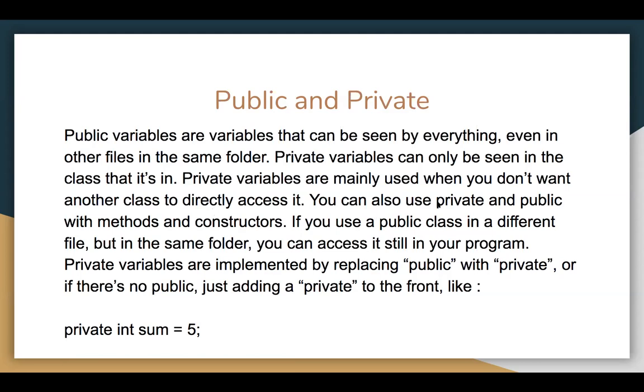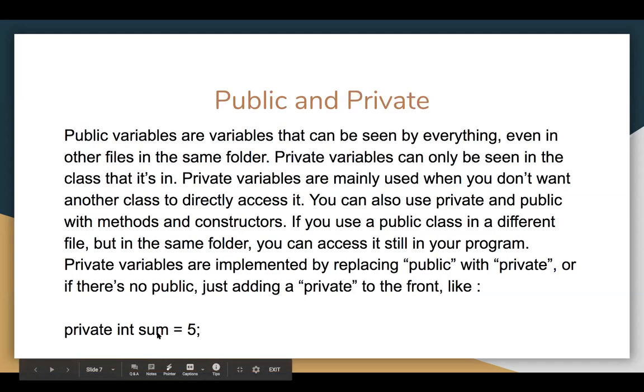You can also use private and public with methods and constructors. If you use a public class in a different file but in the same folder, you can still access it in your program. Private variables are implemented by replacing public with private, or if there's no public, just adding private to the front.